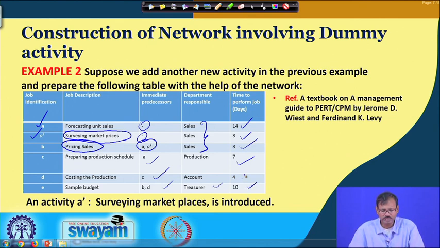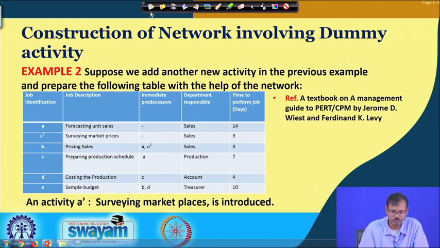So, in this case the survey is the additional job which does not have any predecessors, but has a successor, pricing of sales. So, let us try to draw this network.